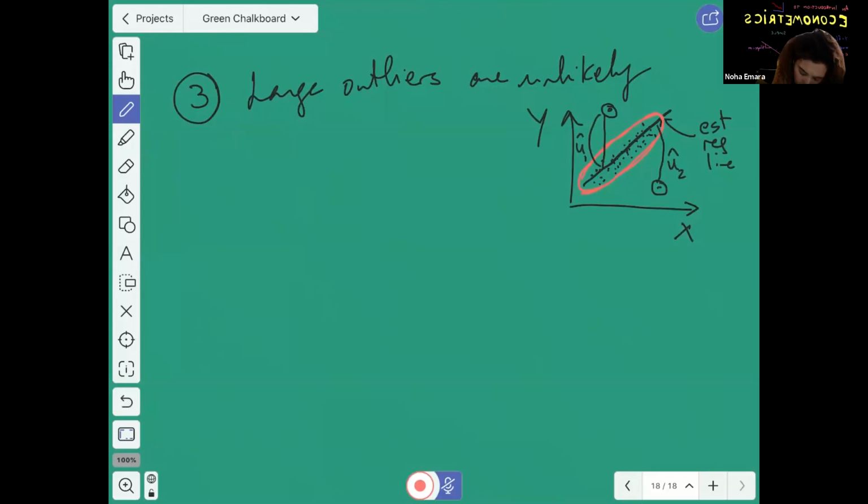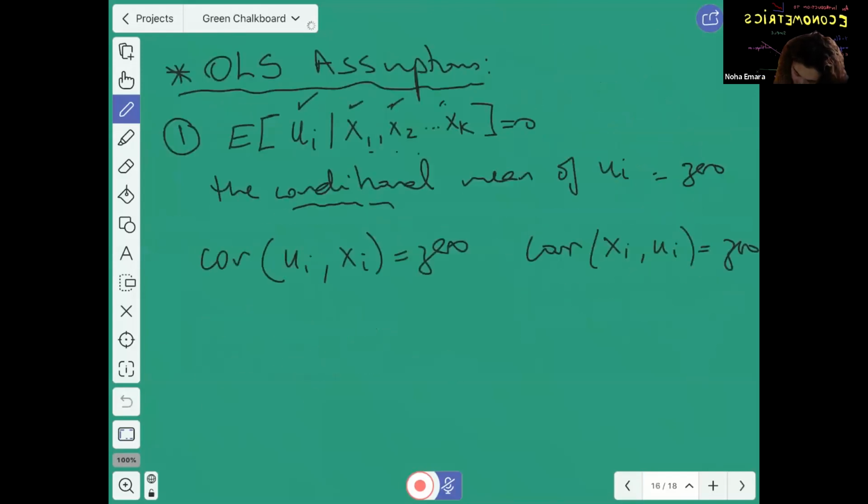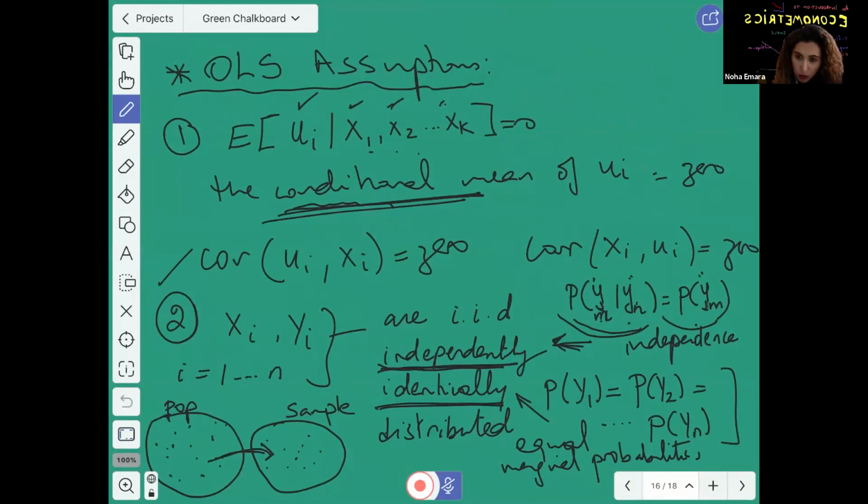However, the ones inside here are just tiny errors, assumed based on assumption number 1. If you go back, they are assumed to be 0. Above the line, below the line, on average, the conditional mean of the error term is equal to 0.